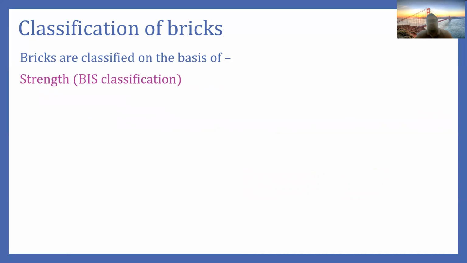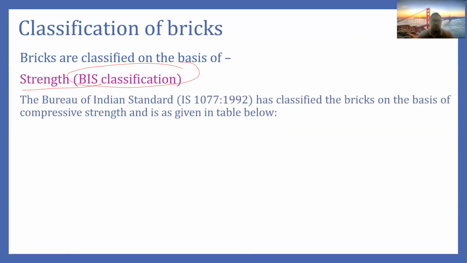Now, the next classification is classification of brick on the basis of the strength of brick. And this classification is as per the Bureau of Indian Standards, as per IS code 1077 1992. So as per this IS code, we can classify bricks on the basis of their compressive strength. And we can see this classification in the table.